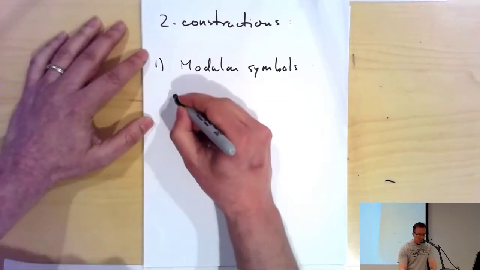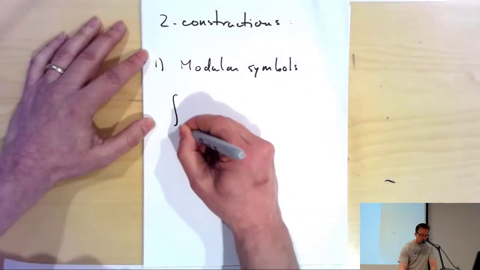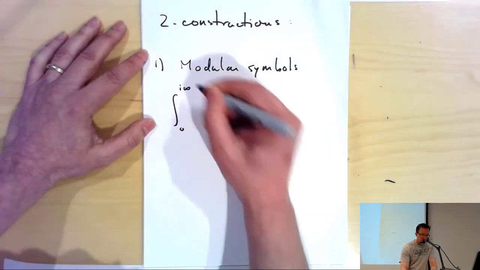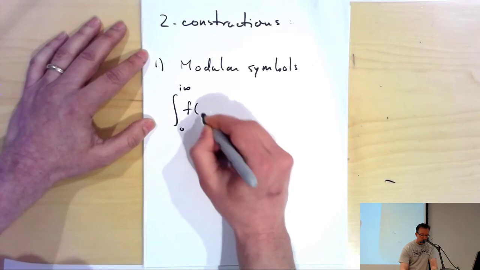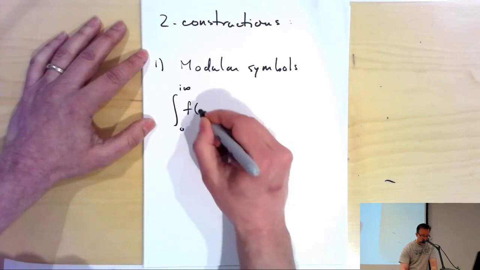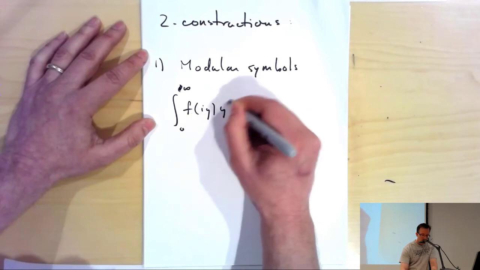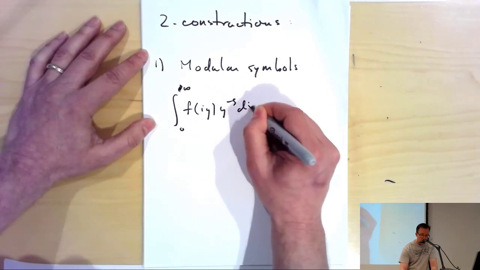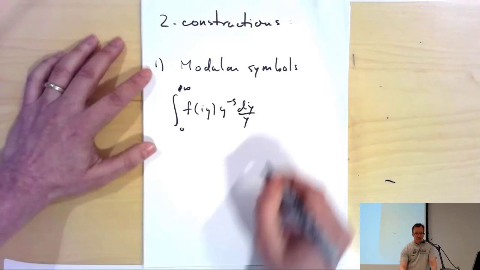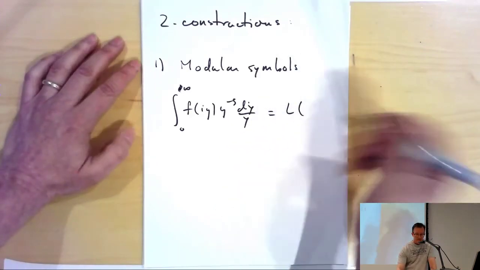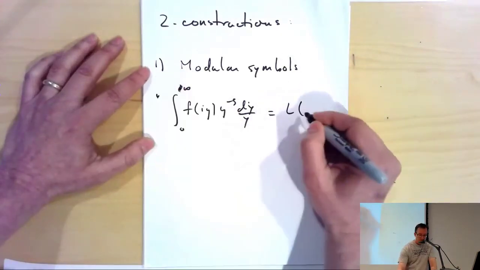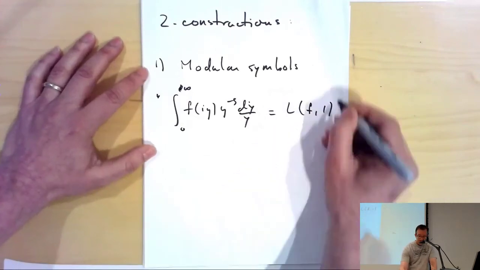The classical formulas, like the integral from 0 to i infinity of f(iy) y^{s-1} dy, or something like this. I'm not getting this quite right, but it looks something like this.